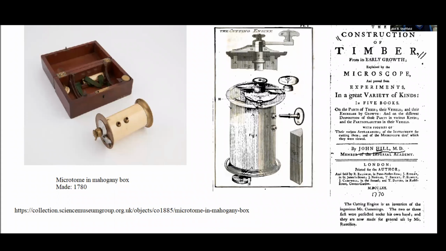But the basic idea was this: there's a cylinder, which is pretty obvious here. What's less obvious is you stick your piece of wood into the cylinder. And while the piece of wood is in the cylinder, you have another plate underneath it here. Here's the screw that you turn to move the piece of wood. And here's the piece of wood itself sticking up.